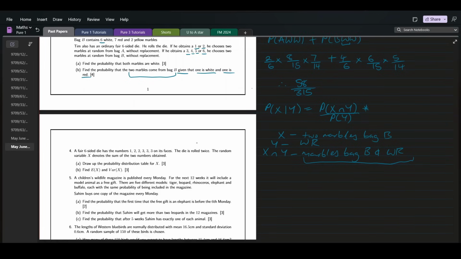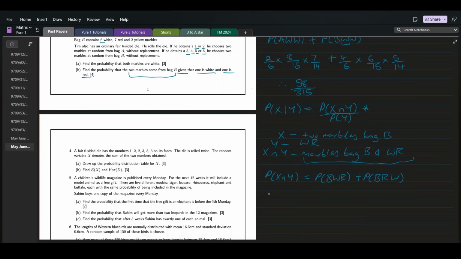Okay, so the probability of X intersection Y is equal to the probability of picking bag B and then white and a red, or alternatively we could pick bag B and then pick the red marble first and then the white marble. We have to consider both scenarios since they haven't specified which marble is being picked first.